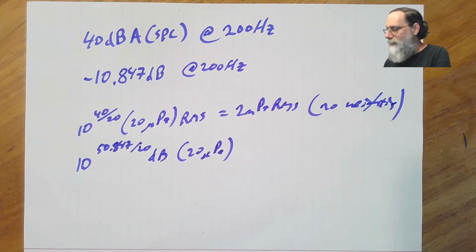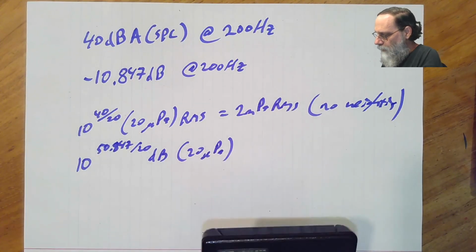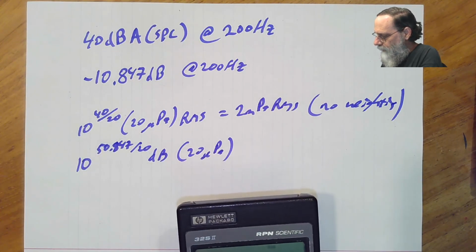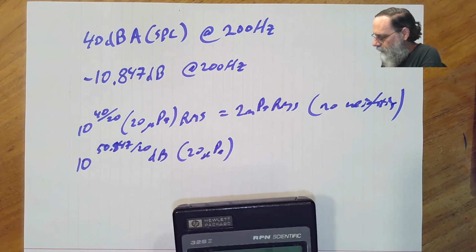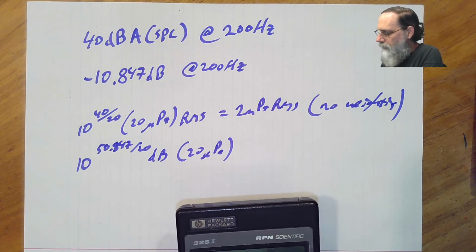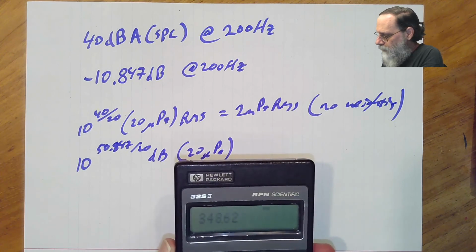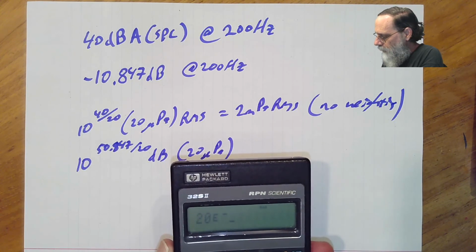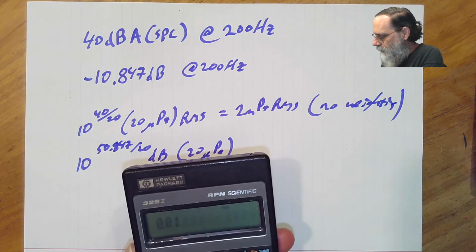All right, let me grab my calculator here and do 50.847. All right, the multiplier here is 348, and we've got 20 micropascals, and let's look at that in engineering notation.